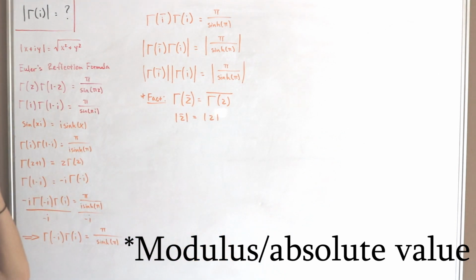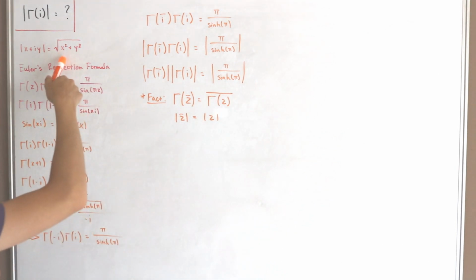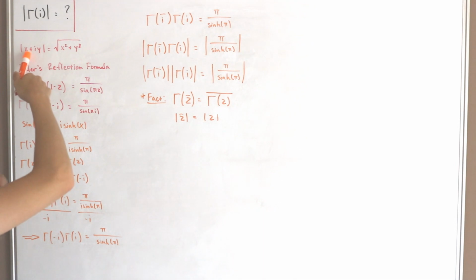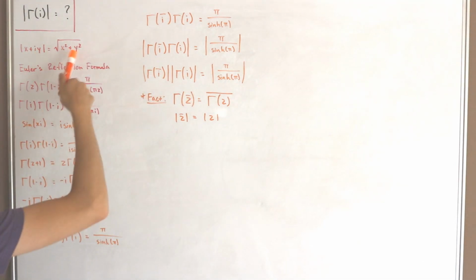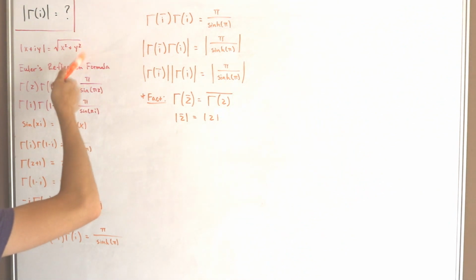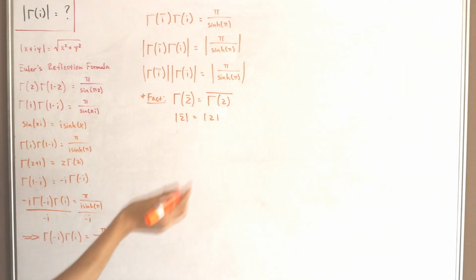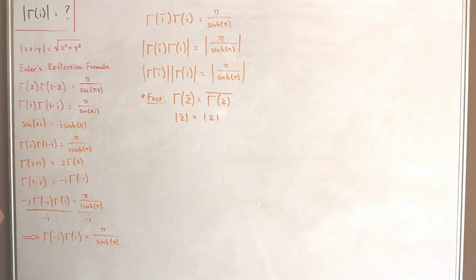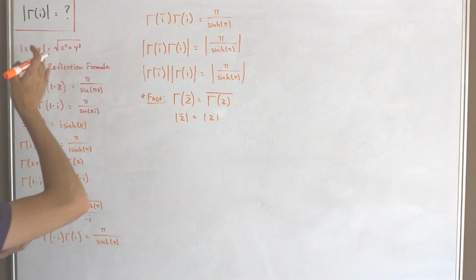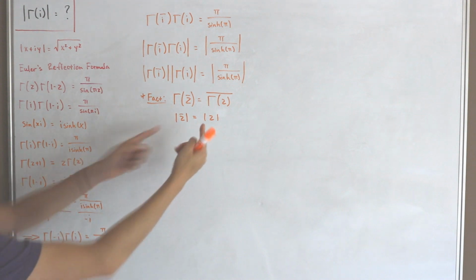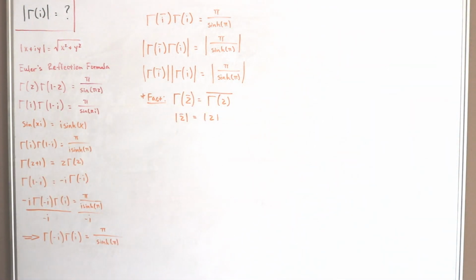If you think about it, if I replace the conjugate with x minus i times y and put those back into the formula, we just notice that we have squares and then the square root of that. Basically, everything is positive. It just remains the same thing as dealing with the formula with the regular complex number instead of its conjugate. So that's why these two are equal to each other.